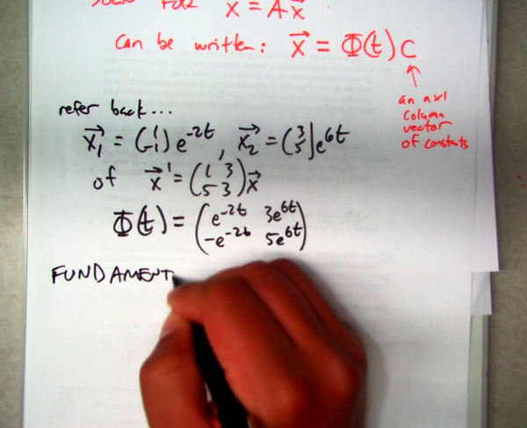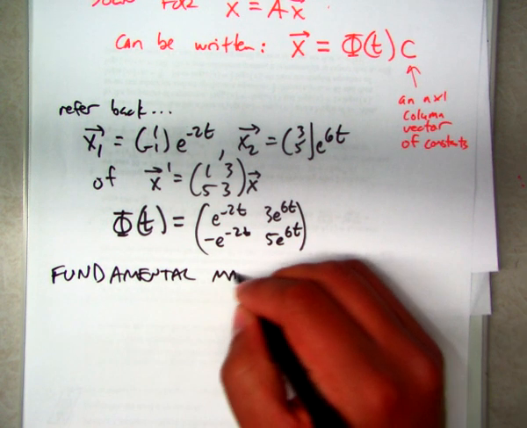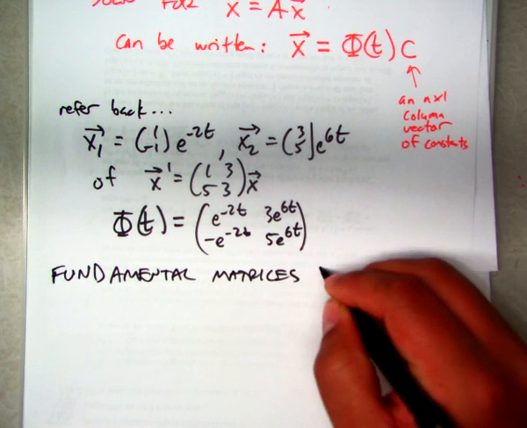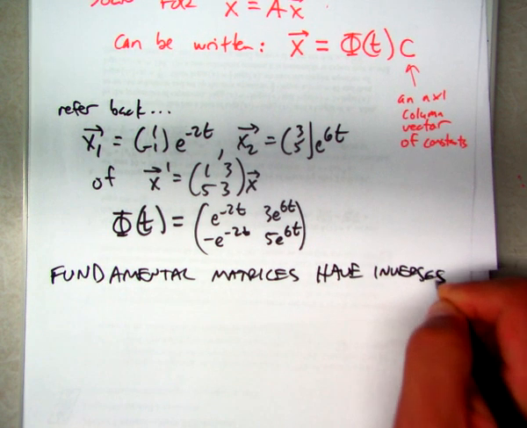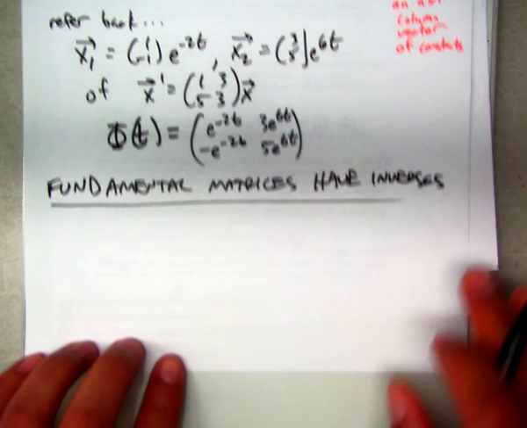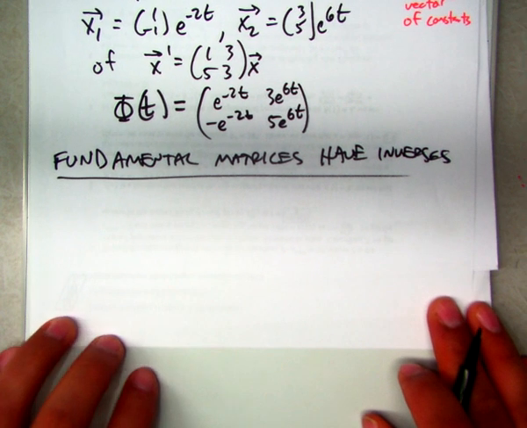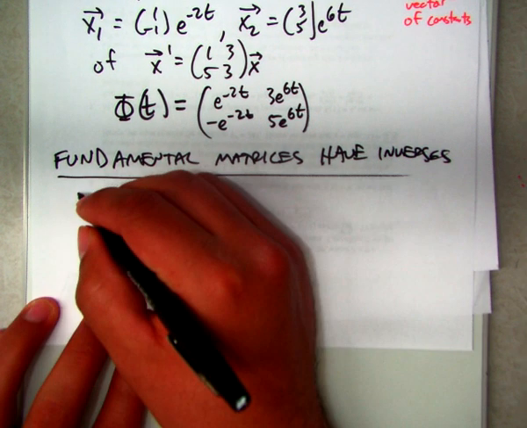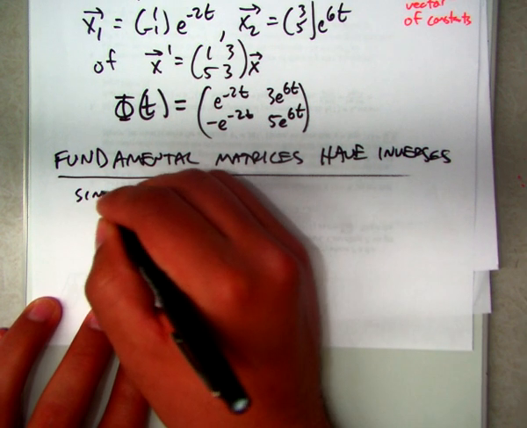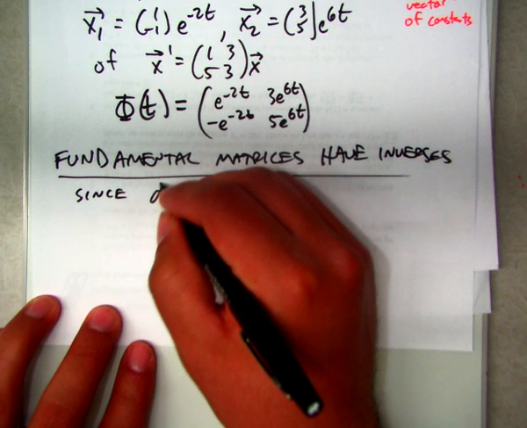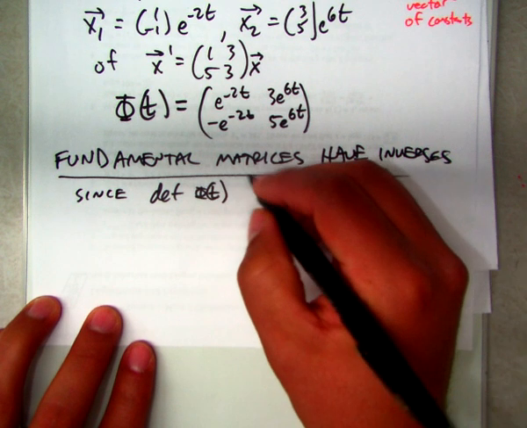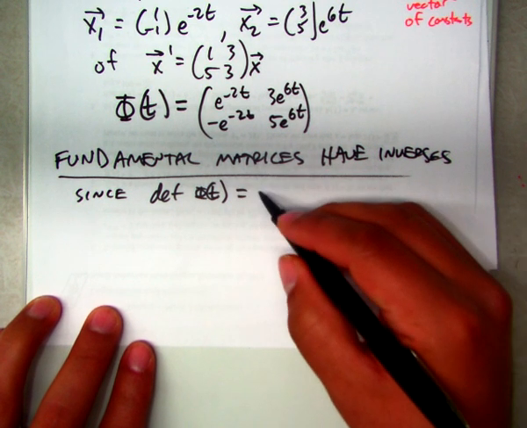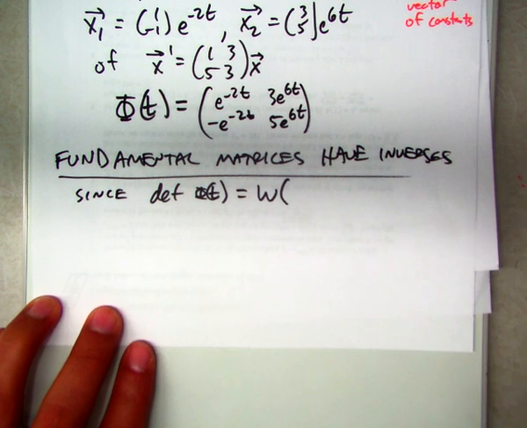Now, what we need to know is that fundamental matrices have inverses. We know that because the determinant of the fundamental matrix is the same as finding the Wronskian of those solution vectors.